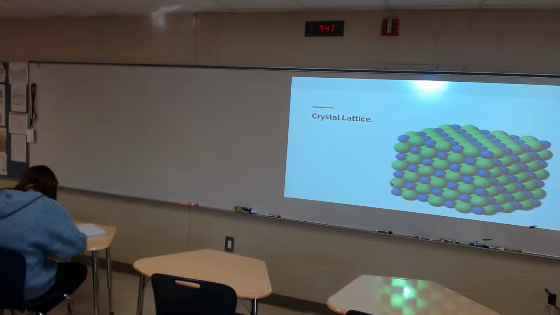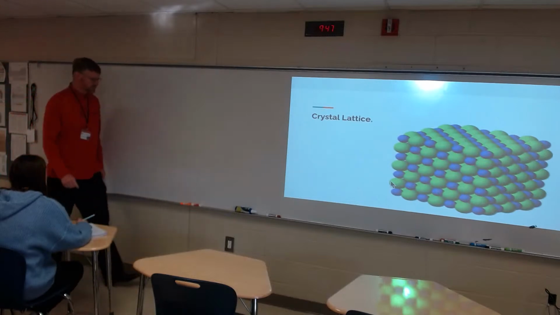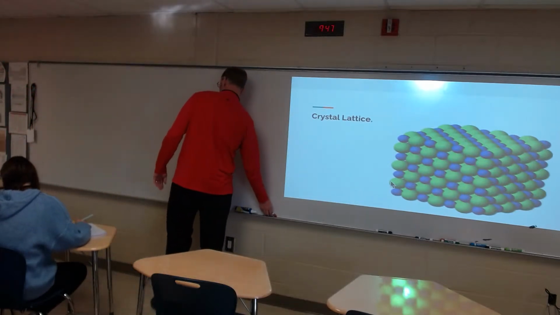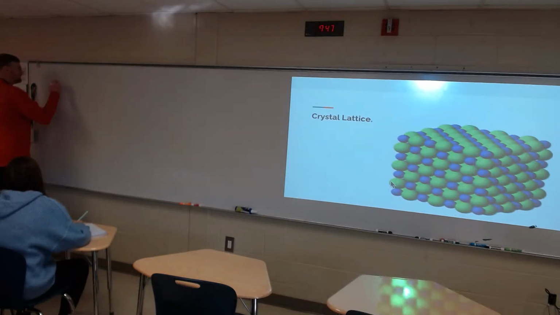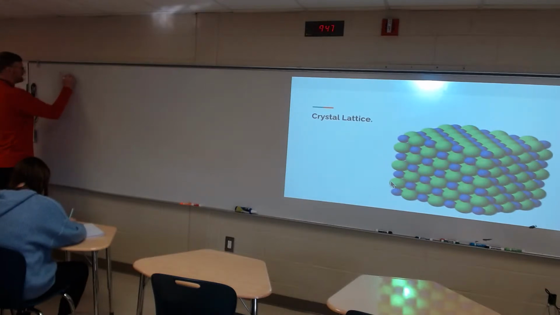All right, let's put a couple things on the board here. We're going to talk today about ionic and metallic bonding. So let's start with ionic bonding. We're going to have to talk about it a little bit together because we have to do some comparison to make it make sense.